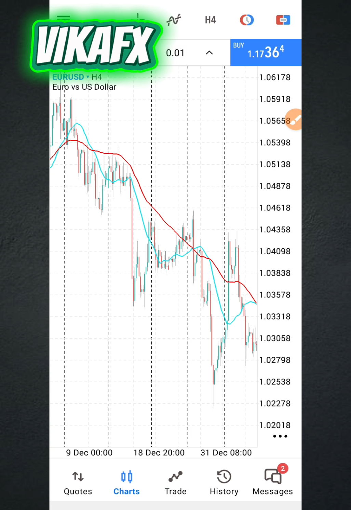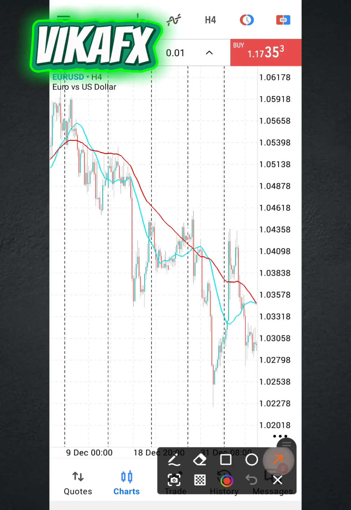So if you have a sell trade, say you have a downtrend, and then you have your crossover at this point, you wait for the market to come to your moving averages. You take your sell trades around this point, and you will have made all these profits.